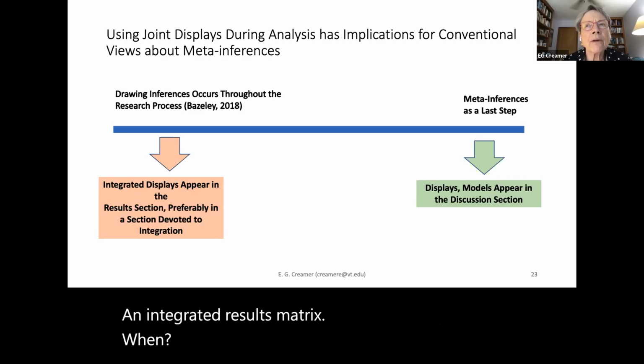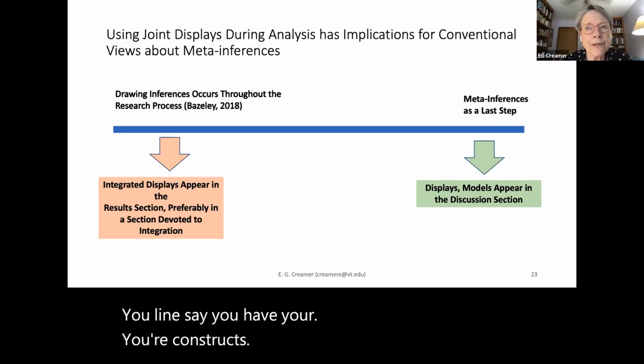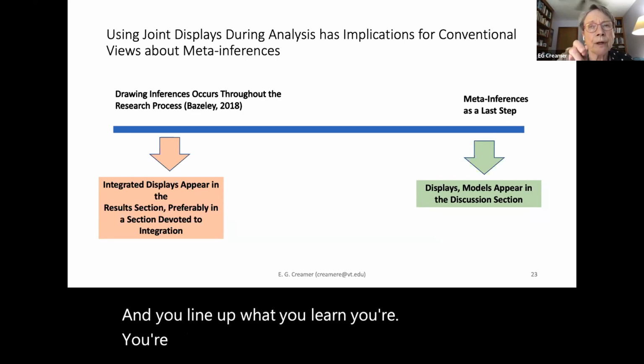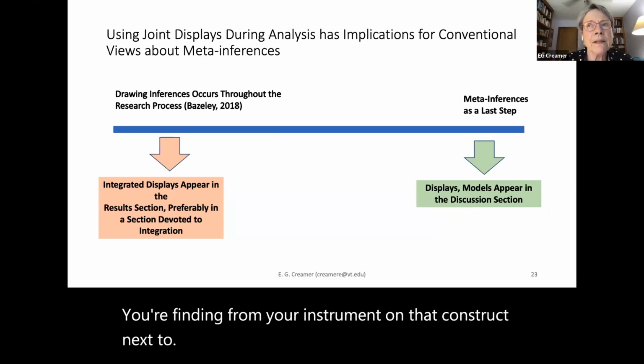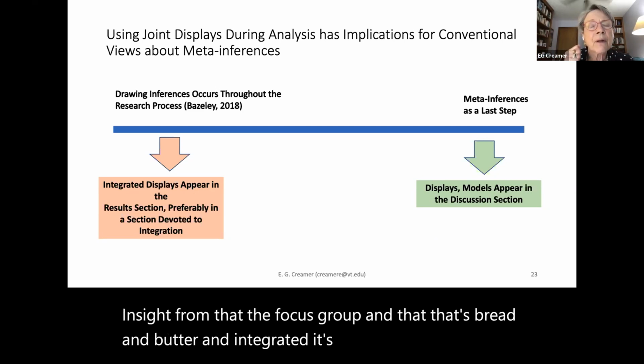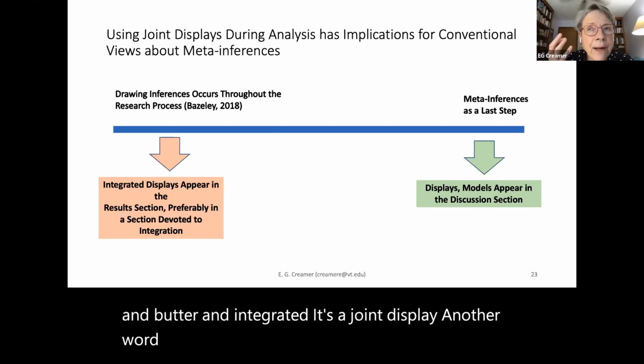You have your constructs on the far left, and you line up what you're finding from your instrument on that construct next to insight from the focus group, and that's bread and butter, integrated. It's a joint display. Another word for it is an integrated results matrix.